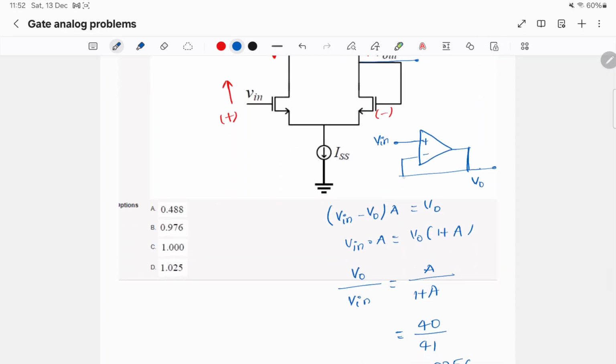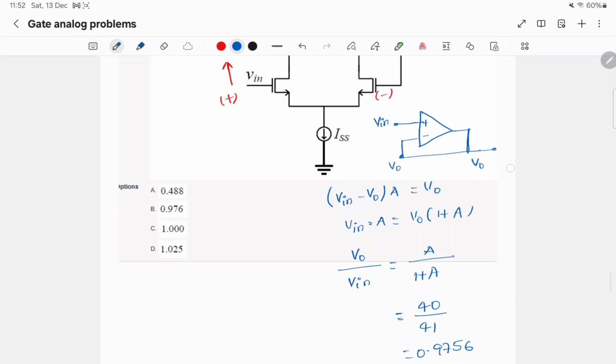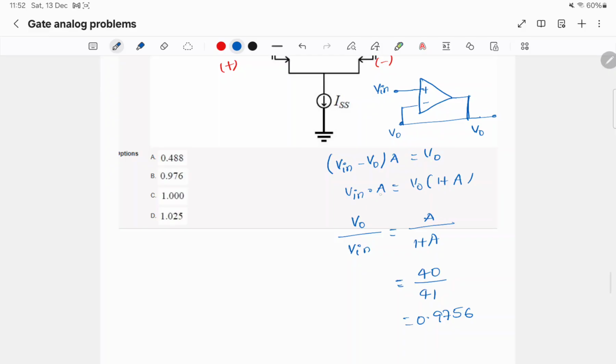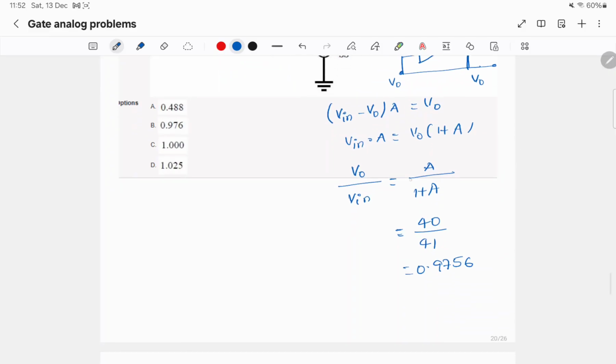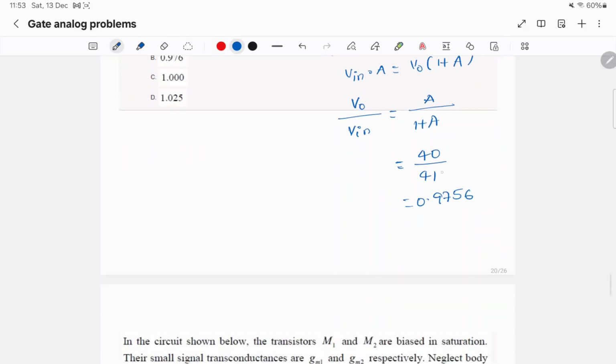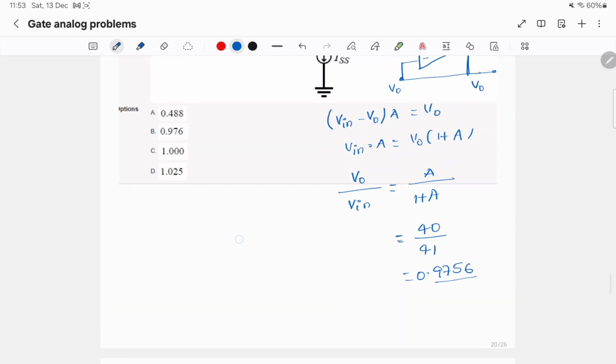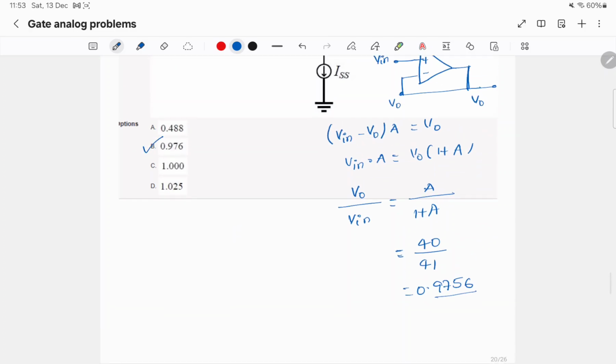So this node potential is V0. Vin minus V0 into A is V0. So Vin into A is V0 times 1 plus A. So the closed loop gain is A by 1 plus A, which is 40 by 41, 0.9756. So the answer is B.